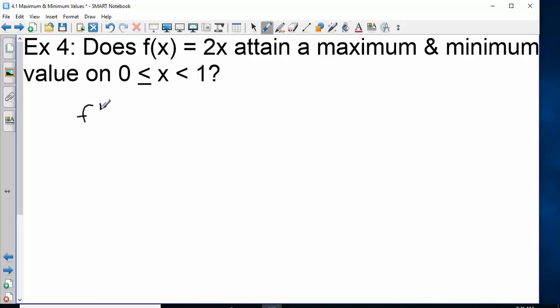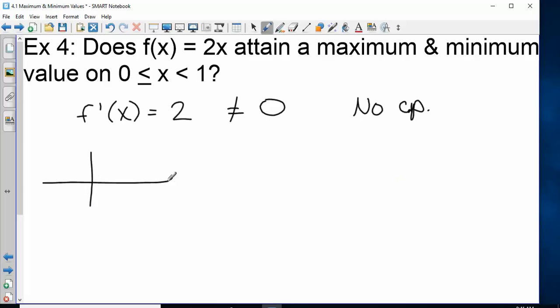So we need our critical numbers. What's the derivative? 2. Does that ever equal 0? No. So there are no critical points. A lot of times I'm just going to call that CP, critical points, critical numbers. Okay, so that means the only place I could have an absolute maximum would be the endpoints.